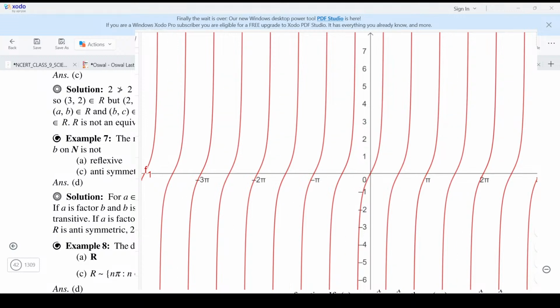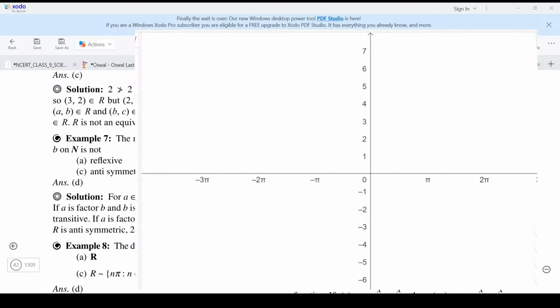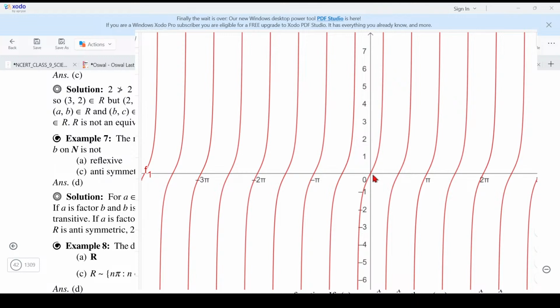One of them will coincide with the other. This is tan x, this is tan 2x. See, the cycle is completing at pi by 2; the difference is pi by 2, this difference is pi by 2.